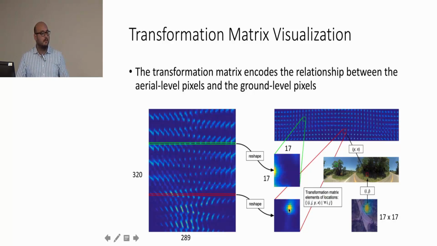You take that row, reshape it to the size of the aerial image, and it shows which pixels are active or contributing to a particular pixel in the ground. Exactly. When we multiply this with the aerial segmentation, this is where the weight goes. These are weighted more because this is where the activity is happening. It corresponds to this area in the output. This is an attention map, you can say. This is where the attention goes in the output predicted labeling.